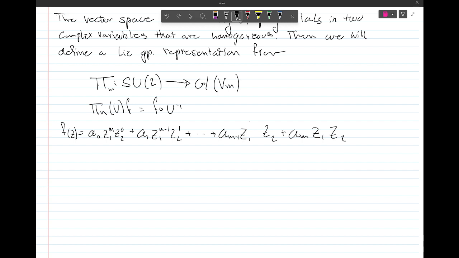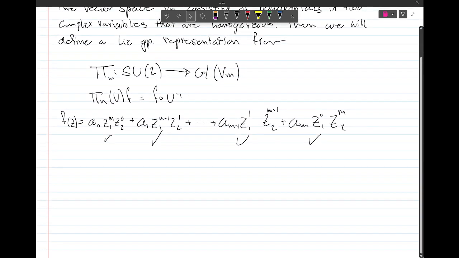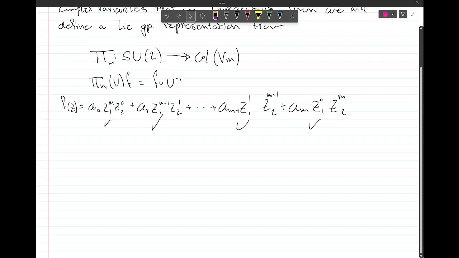Now I'm totally twisted around here. So we have a homogeneous polynomial. In its general form, there are 1, 2, m terms counting in the exponent of the z2 variable, and then m plus 1, where the zeroth entry for the z2 variable is the m plus 1th dimension.